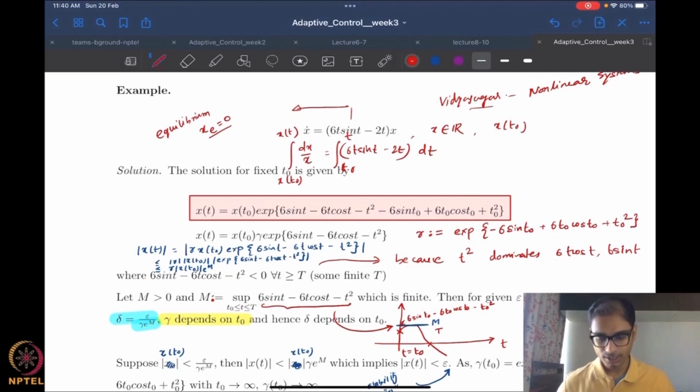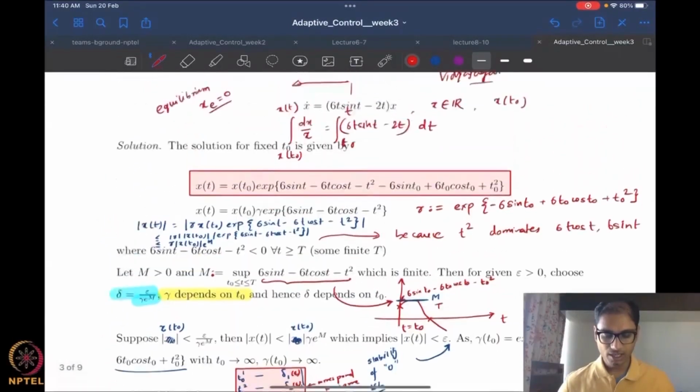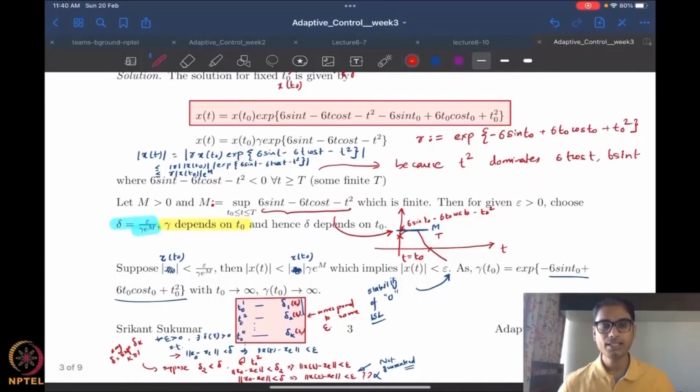This is a rather interesting system, and we did a nice bit of work and analysis to see what kind of choice of delta one must make in order to remove the dependence on the initial time.